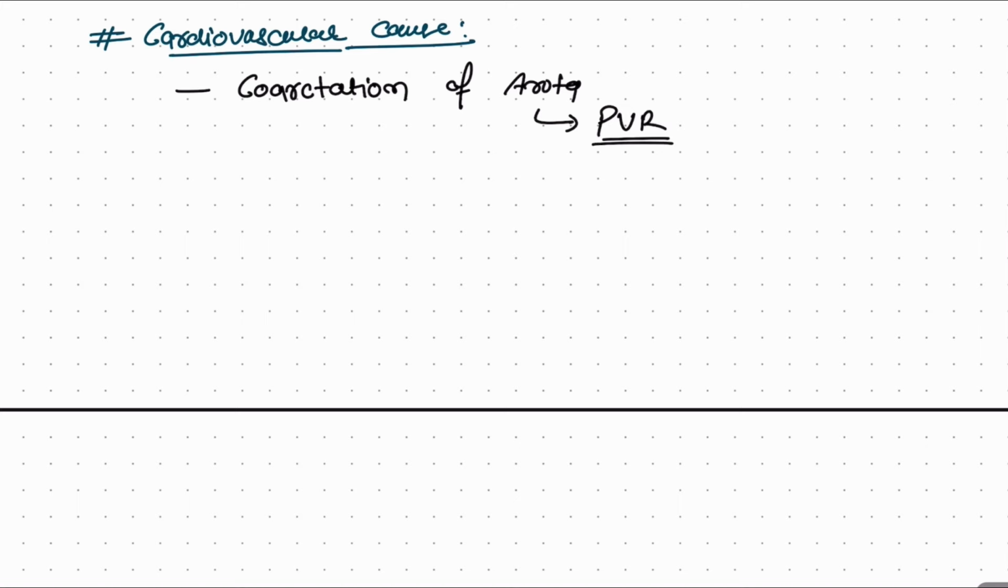Increasing the peripheral vascular resistance is causing the hypertension. Okay, now come on to the consequences of the hypertension.